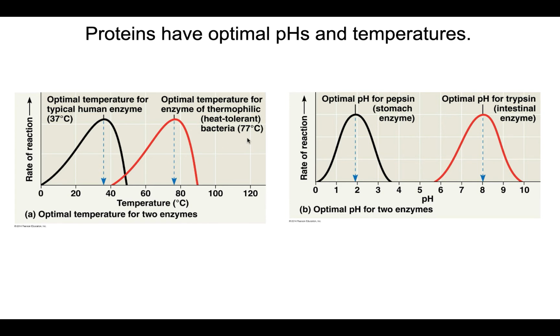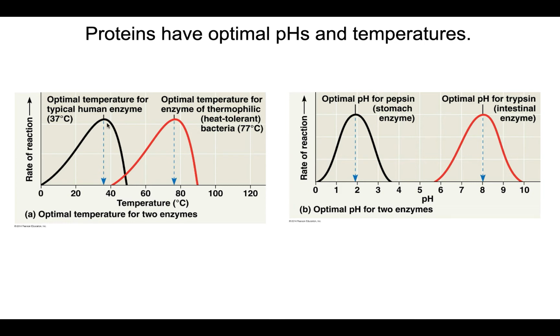So we've got two enzymes that evolved at different temperatures. And we measured the rate of the reaction under different temperatures. And so what you see is the human enzyme that evolved at 37 degrees has its highest rate of reaction at, not coincidentally, around 37 degrees.